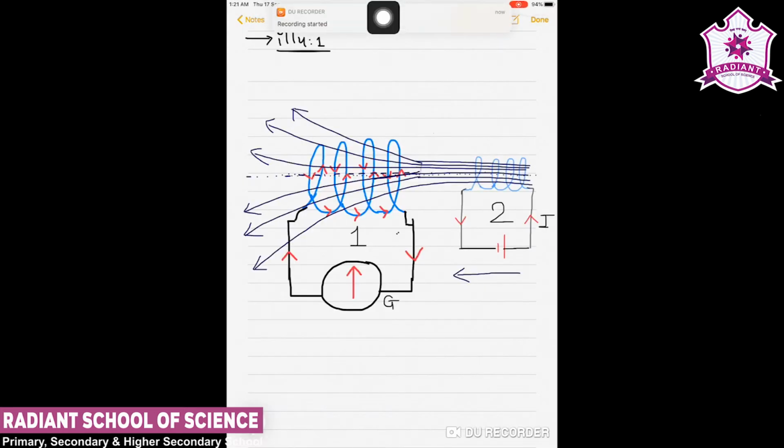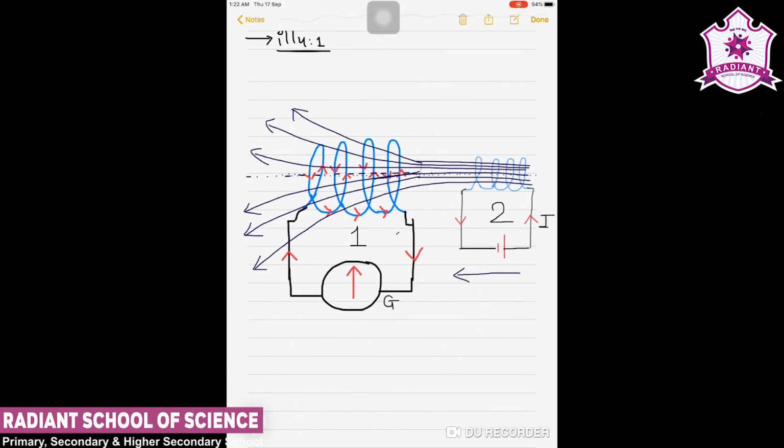Hello friends, now we will see illustration number 1, that is 6.1, in which we are asked to consider experiment 6.2 given in the figure, in which one coil is connected with a galvanometer, and the second coil is connected to a power supply or a battery.